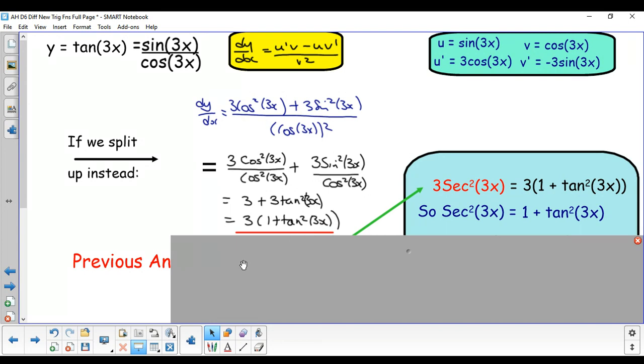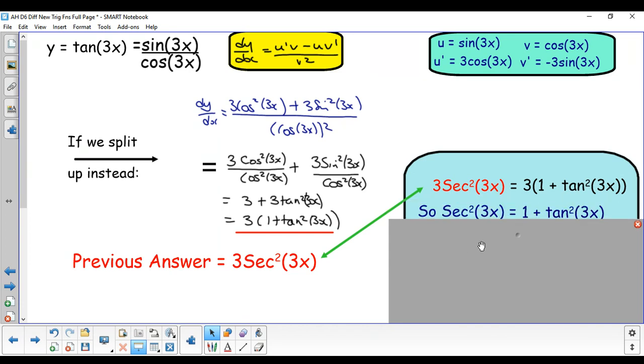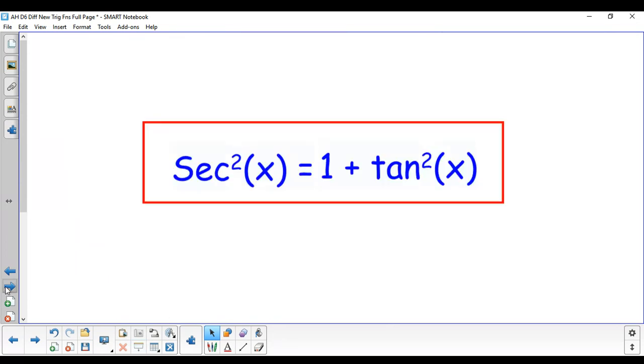Now, if I go to the previous answer, then that is 3 sec squared. It means that your 3 sec squared 3x is equal to this. If I divide both by 3, then you get to that. And in fact, if I just ignore the 3x and put any variable there, you've got a new rule. It's a new rule, sec squared is equal to 1 plus tan squared. Okay? So you'll see that appear as well.